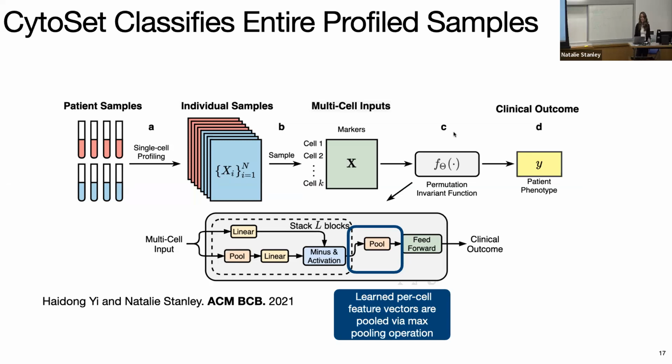Yes, or any single cell. Oh, okay. So I really like CyTOF for a couple of reasons, and I really like Flow for the same reasons. With Flow, you can get tons and tons of cells.